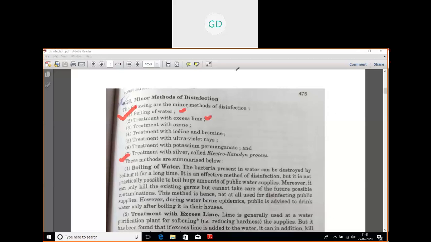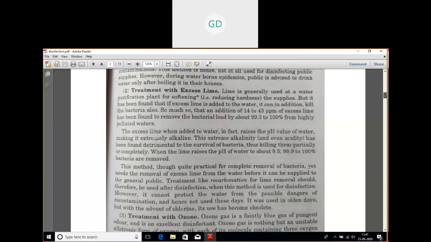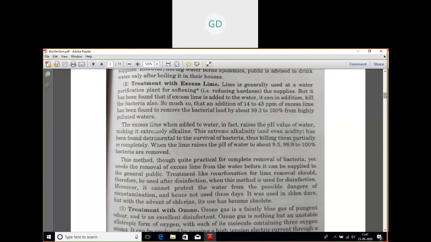excess lime. If you add lime in excess, it will remove 99 to 100% of bacteria present in the water. But why does it kill bacteria? Because when you add excess lime, the pH value of the water increases.